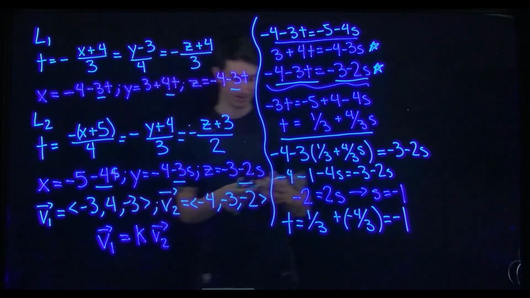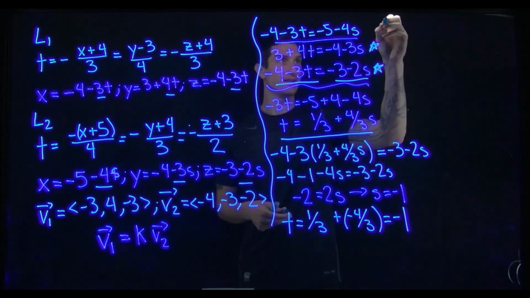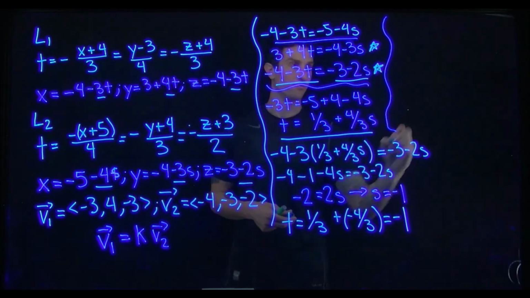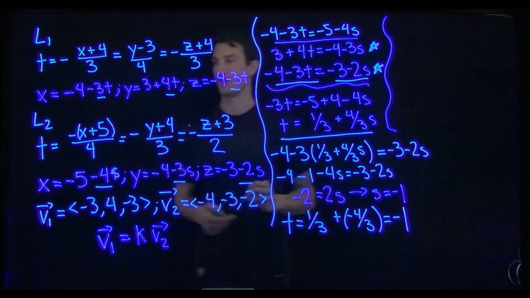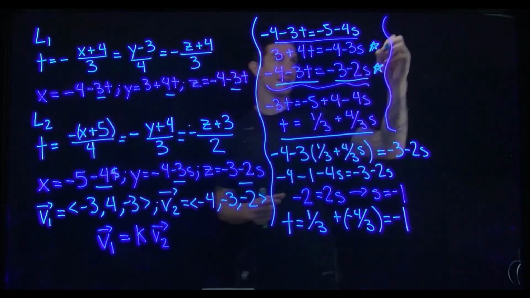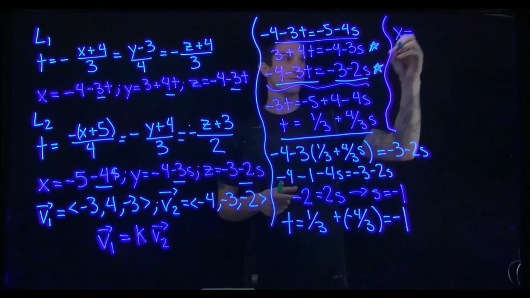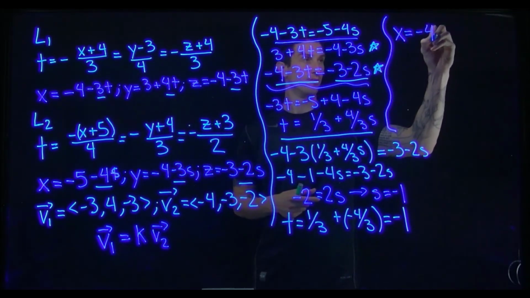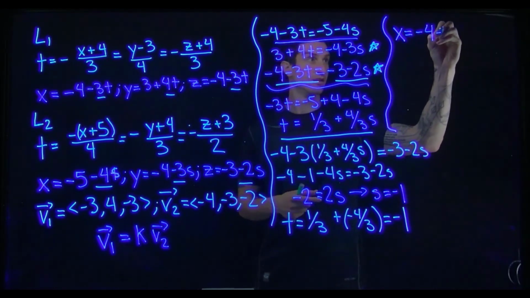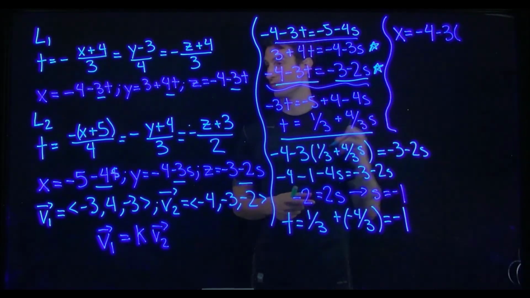I'm going to define a little space here, and we're going to figure out this point at which they intersect. Right, so in this case, x is equal to, we have negative 4 minus 3 times negative 1.